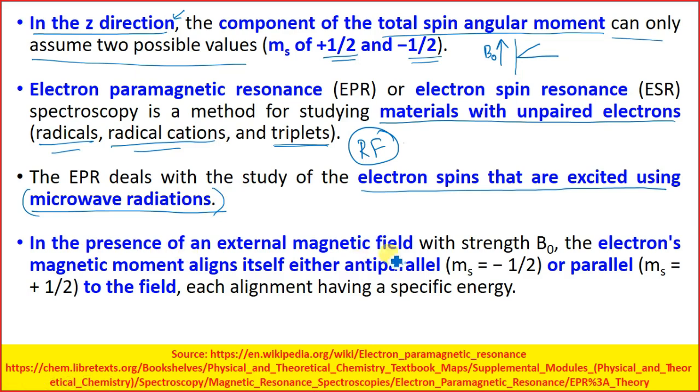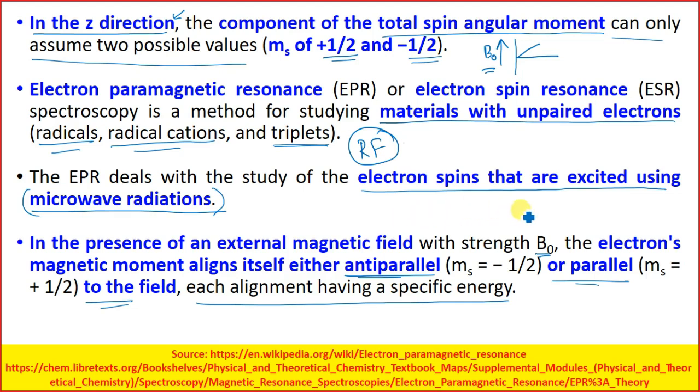So in the presence of an external field with strength B0, here I have shown B0, the electron's magnetic moment aligns itself either anti-parallel or parallel to the field, each alignment having a specific energy.